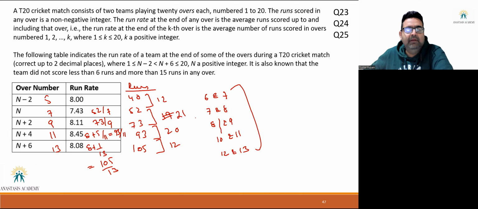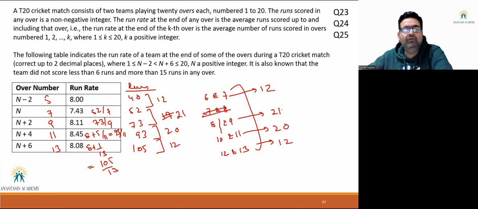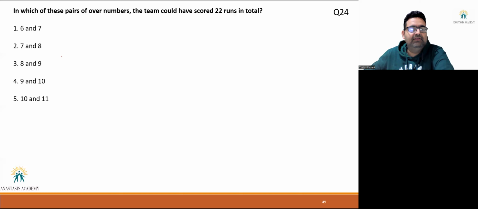In none of them are we reaching 22. This is giving you 12, this is giving you 21, this is giving you 20, this is giving you 12. None of the 4 combinations which are given to us is giving 22. So we have to work on the other options. So 6 and 7, 7 and 8 is still possible. 8 and 9 is not possible.